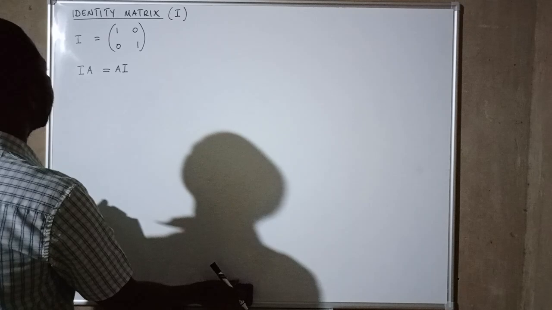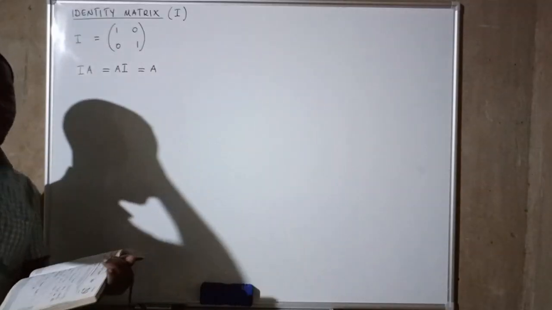If I say 2 times 3, what am I getting? 6. If I say 3 times 2, what am I getting? 6. This is the same property I'm using here: if you take an identity matrix and multiply it with a matrix A, it is the same as multiplying A with the identity, and the answer you get is always equal to A. Okay? That's what it means.